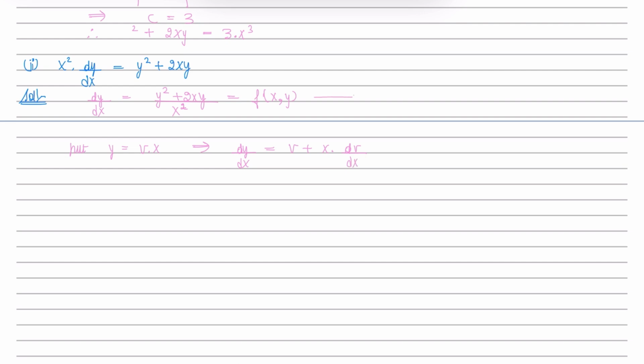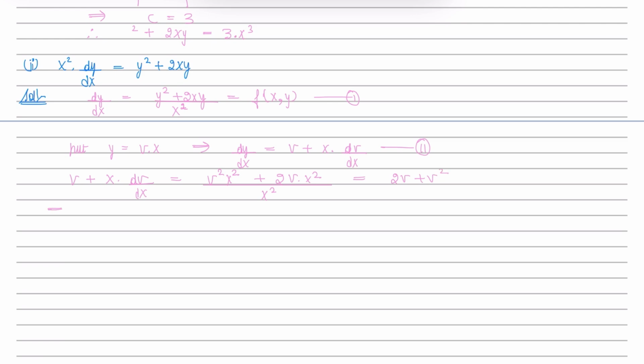Now using these values in equation number 1, the equation number 1 becomes v plus x into dv by dx is equal to v square x square plus 2 times v into x square whole divided by x square. Taking x square common from the numerator, this equation simplifies to 2 times v plus v square.